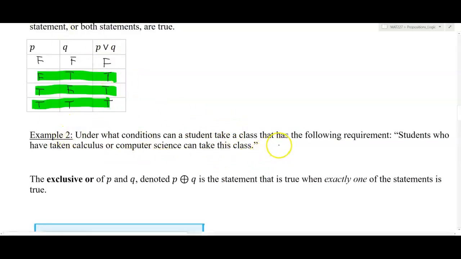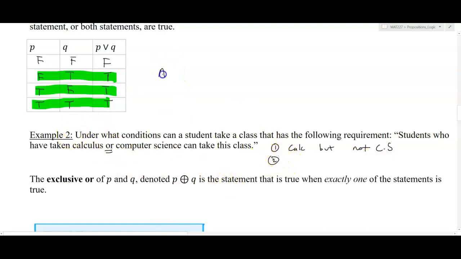So the first situation would be calc, but not computer science. So maybe I took calculus, but I did not take computer science. Because this is a disjunction, it is enough that I've done at least one of these two things.